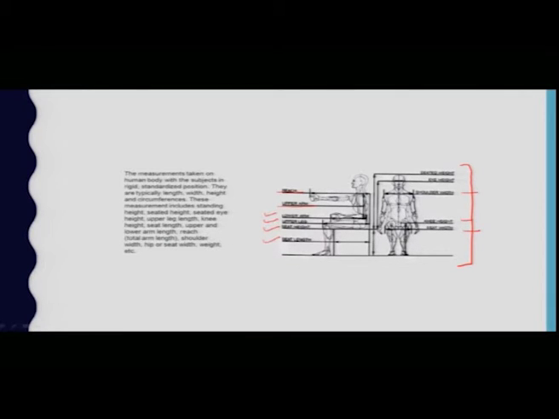So, these are measurements taken on the human body with the subjects in a rigid standardized position. They are typically length, width, height, circumference.